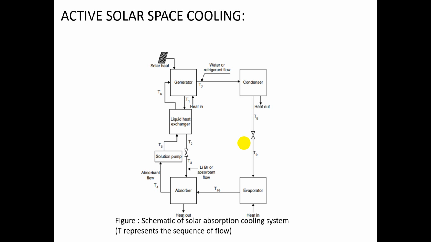T1, T2, T3 are different temperatures passed on to the absorber. From the absorber to the pump is T4. From the pump back to the liquid heat exchanger is T5. From T5 to T6 and back to the generator. From generator to condenser is T7. It is passed on at T8, and from T8 to T9 to the evaporator and back to the absorber. The input to the generator is the solar heat. This we call the schematic of the solar absorption cooling system.